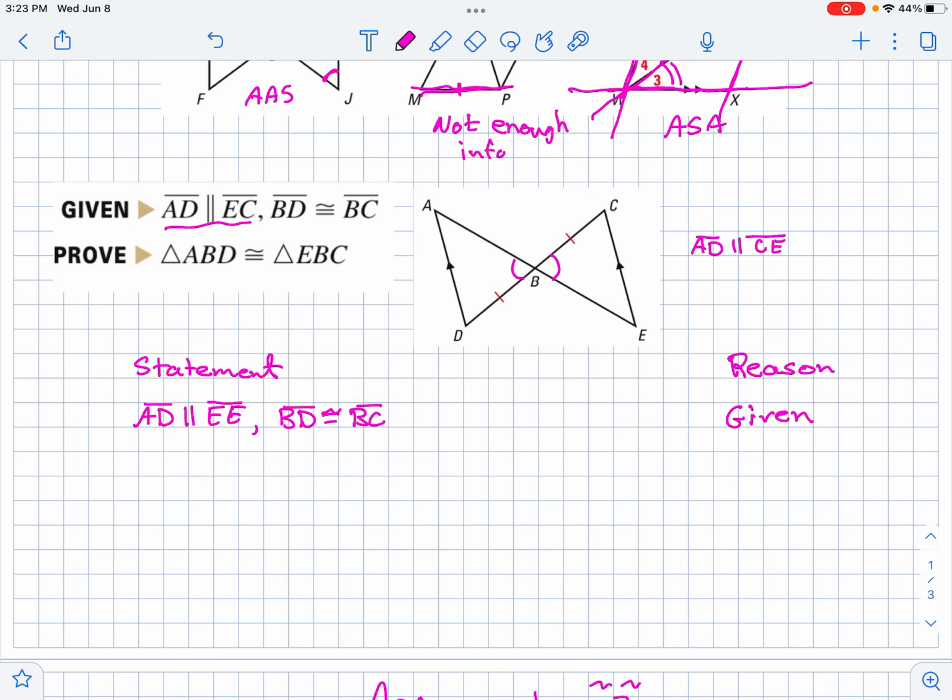So let's say angle ABC is congruent to angle EBC, because vertical angles are congruent.